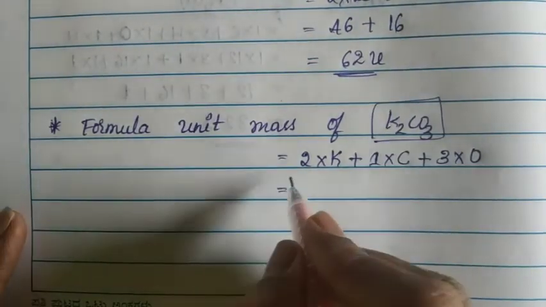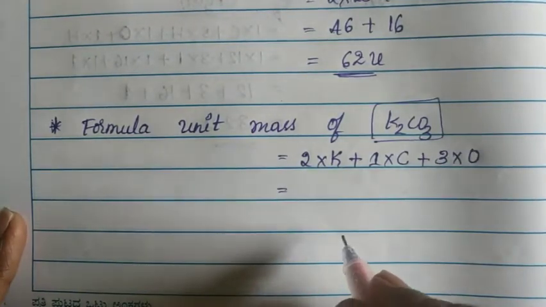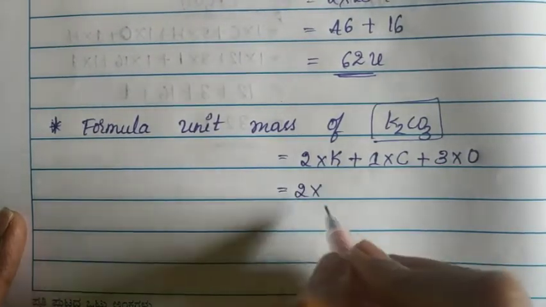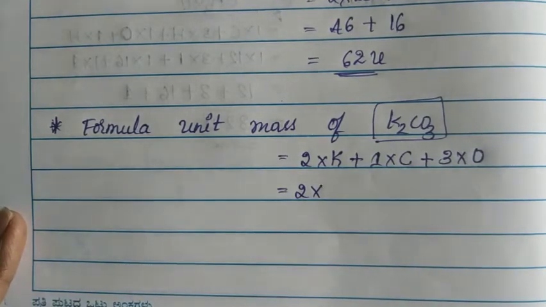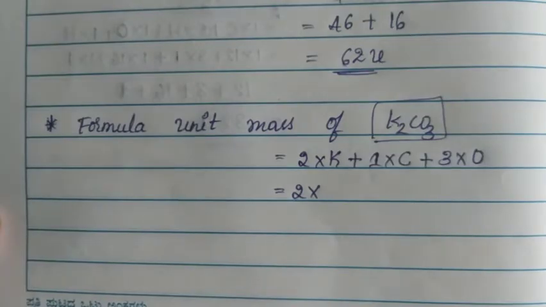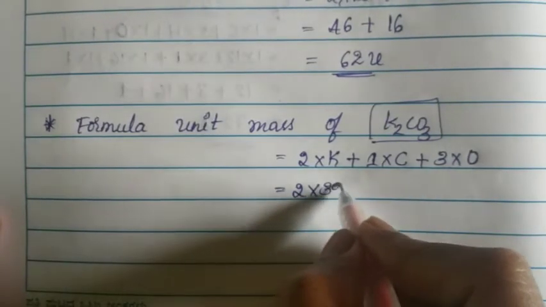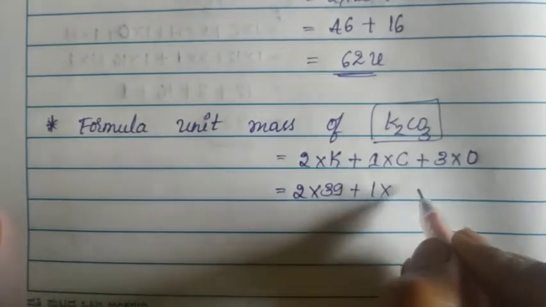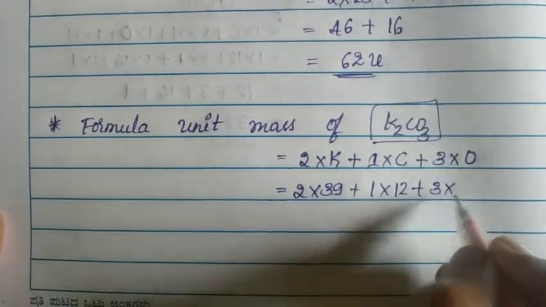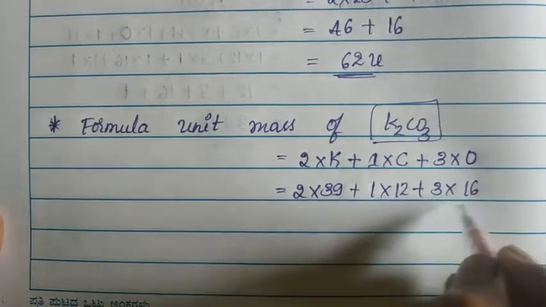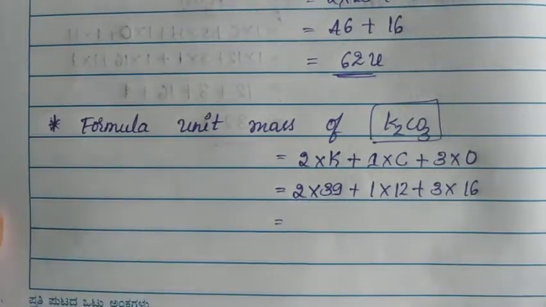Now substitute atomic masses of each one. Yes, potassium is having how much? Yes, here the potassium atomic mass is 39, plus carbon atomic mass is how much? 12, plus oxygen atomic mass is how much here? 16. Now multiply these two.